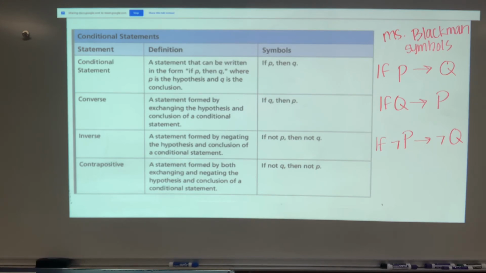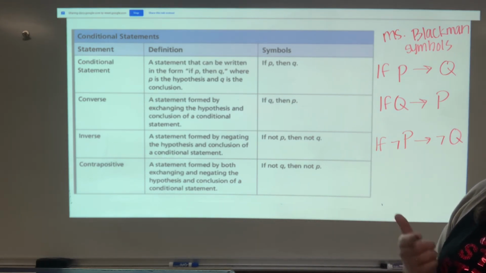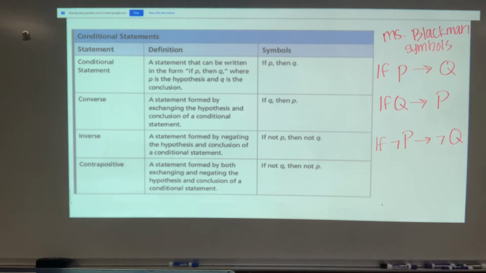The contrapositive. I know these are kind of fancy words, but we're going to be using these throughout the entire year. So I do want you to get a general idea of what these look like. The contrapositive says a statement formed by both exchanging and negating the conclusion and the hypothesis.